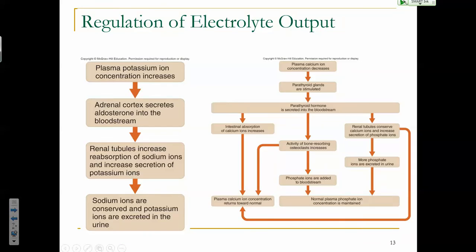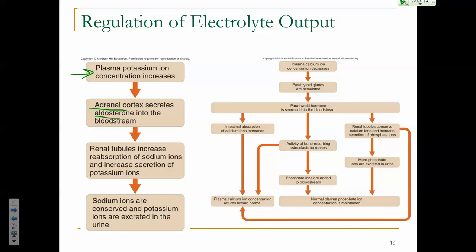So here, this is just showing you a cascade that occurs when your electrolytes are out of balance. Okay, for example, on this left one, this is just showing you what I've already mentioned, that when your potassium levels are high in your blood, that signals the adrenal cortex to produce aldosterone, which then goes to your kidneys and causes you to release the potassium through tubular secretion, and then in turn to reabsorb sodium.